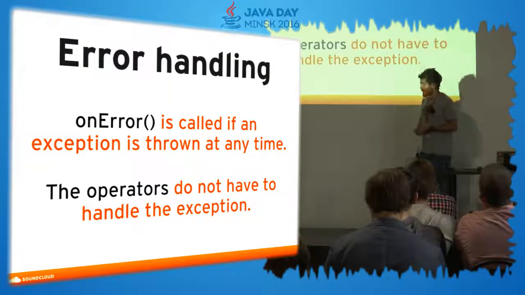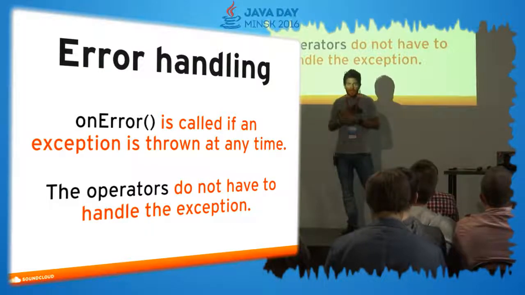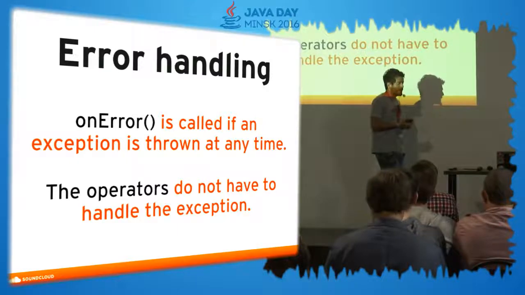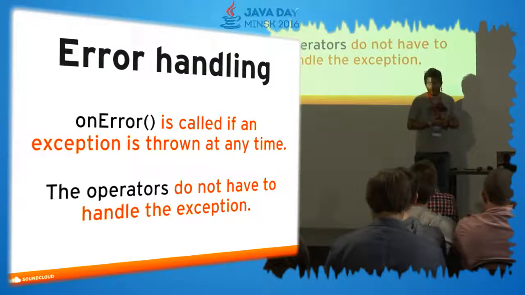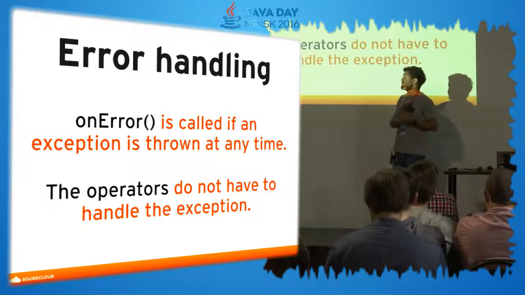So again, that's what it's about, streaming data streams, but what happens when we have errors? If there's an exception in our data flow, we're going to be notified in the overridden onError method on our subscriber.